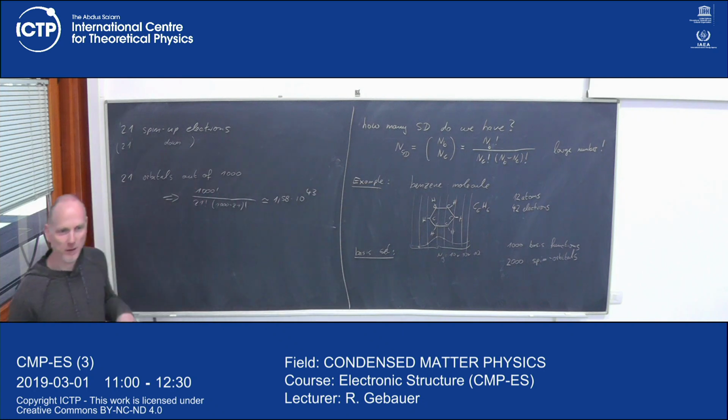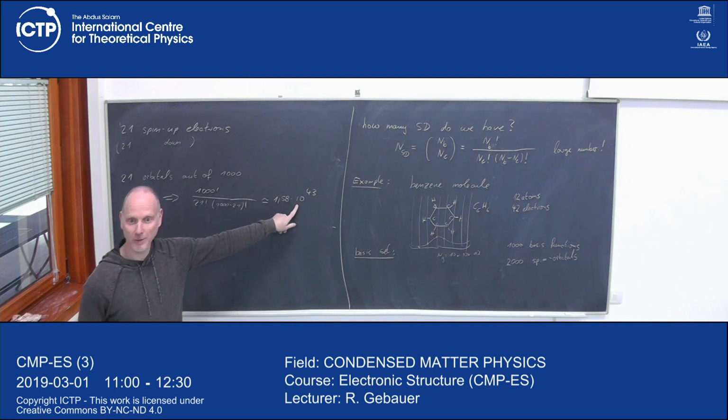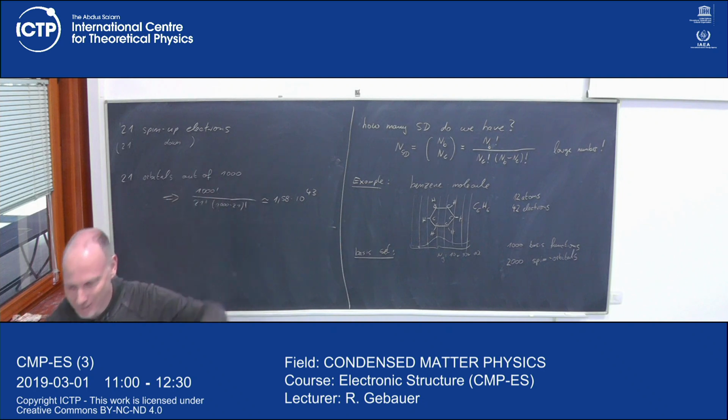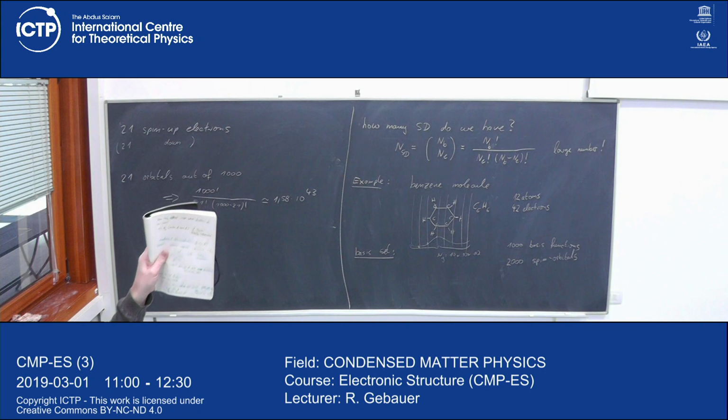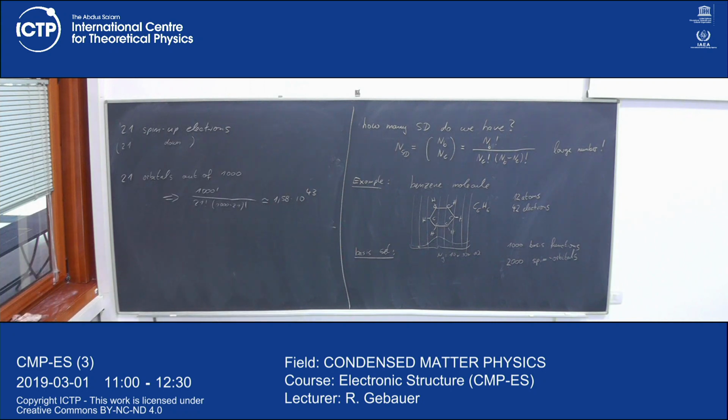So for the spin up electrons only, we have 1.58 times 10 to the 43 different possibilities of choosing 21 out of the 1000. For every possibility for spin up, we have the same number for choosing them in spin down.